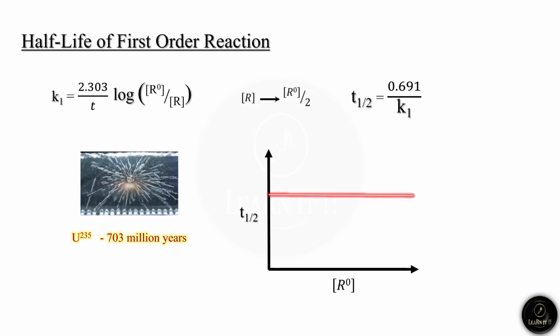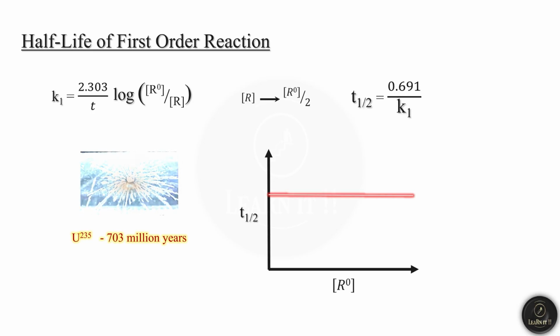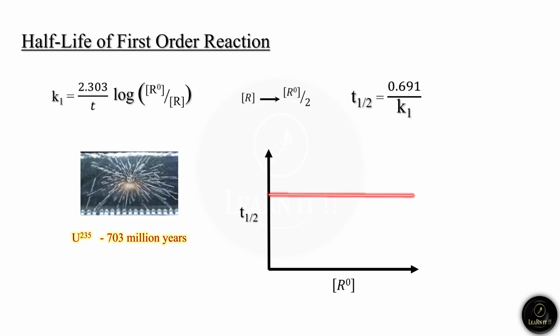If we take 1 gram of uranium-235, for it to become 0.5 gram, it takes 703 million years. Like that, if we take 10 grams of uranium-235, for it to become 5 grams, it takes 703 million years.